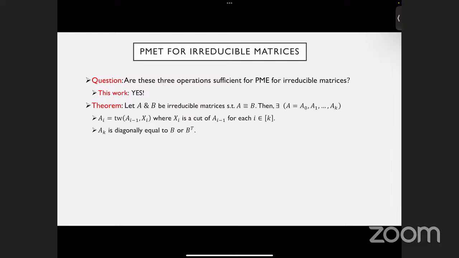Formally, we show this theorem: suppose we are given two irreducible matrices A and B which have the same principal minors, then there exists a sequence of matrices A0, A1 through AK, such that A0 is equal to A, the ith matrix in this sequence is obtained by twisting its predecessor matrix A(i-1) with respect to one of its cuts xi, and the final matrix AK is diagonally equal to B or the transpose of B.